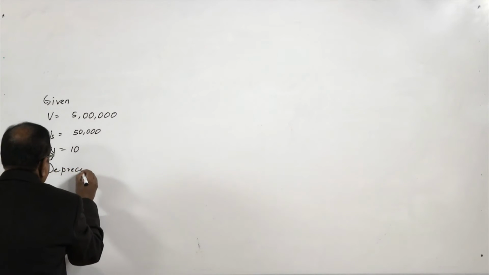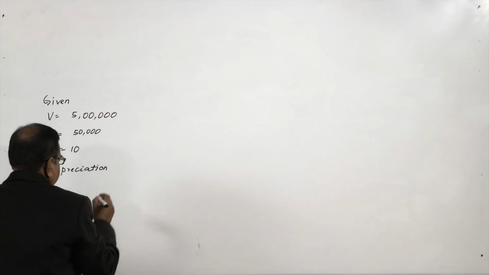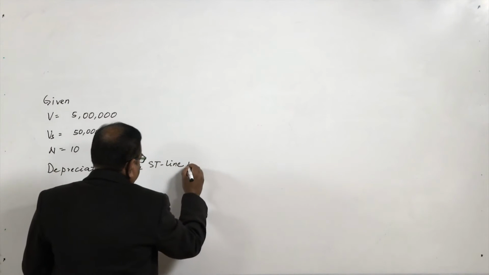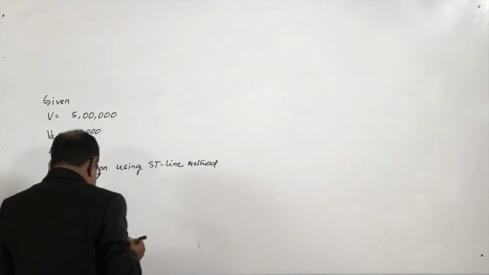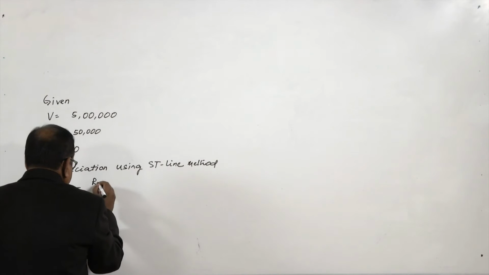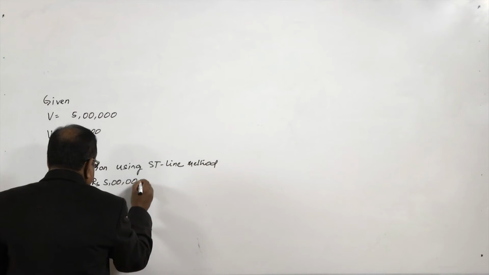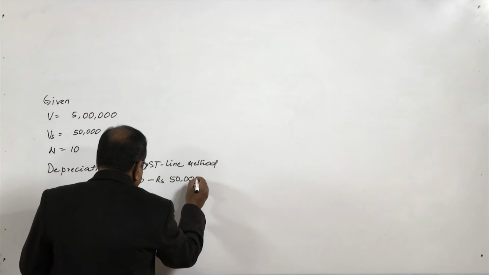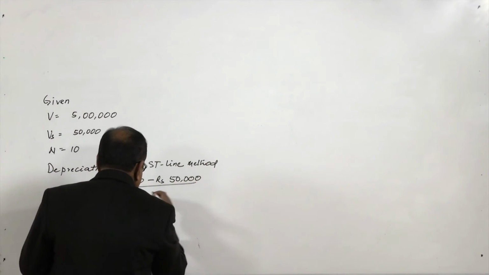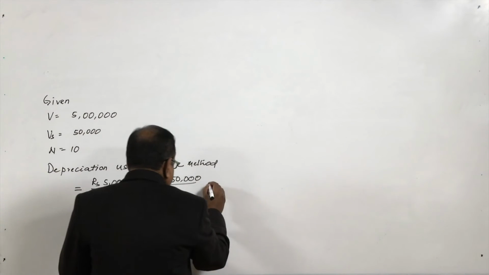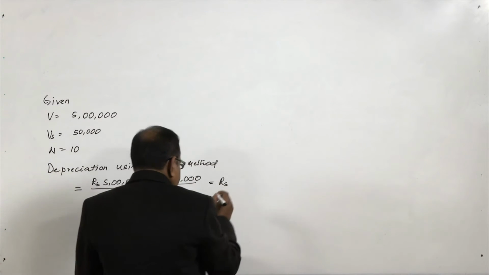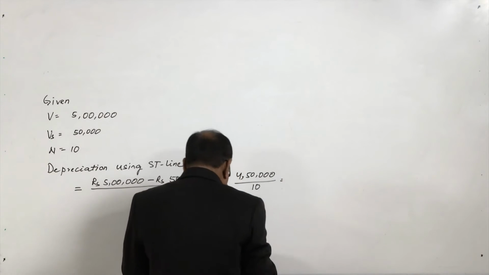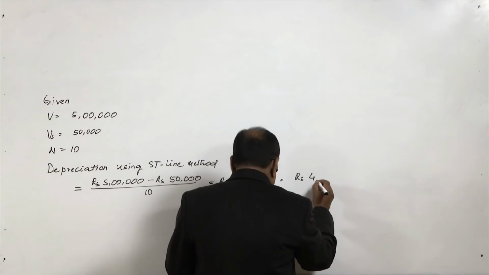So, depreciation using the straight line method is equal to rupees 5 lakh minus rupees 50,000 divided by 10, which comes out to be rupees 4,50,000 divided by 10, is equal to rupees 45,000.